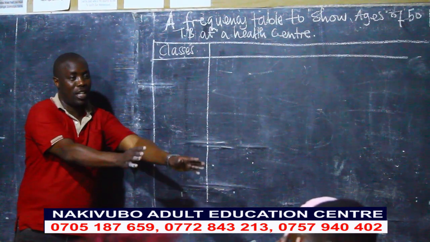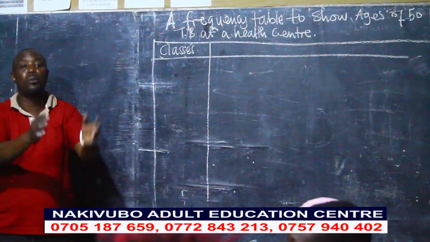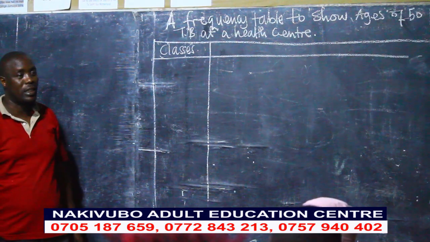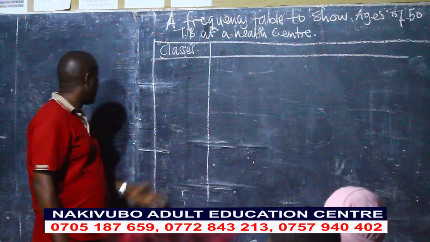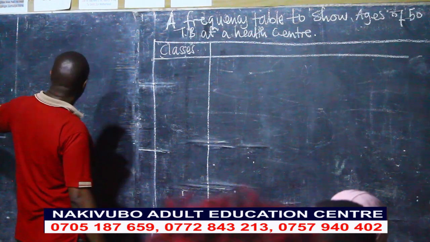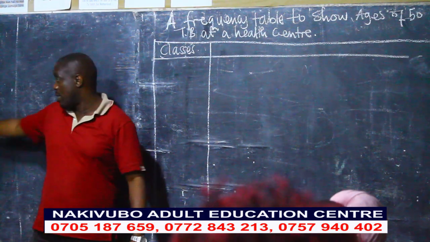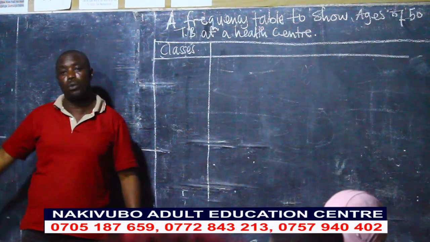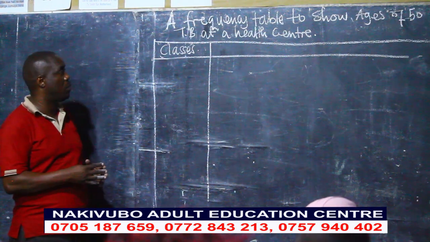Senior 4 A, Senior 4 B. We are grouping you. Are you getting it? Because here we are going to group the data. That data as you see it there, we are going to group it, because you cannot understand it as it is unless you group it. You cannot make a meaningful deduction unless you group it.